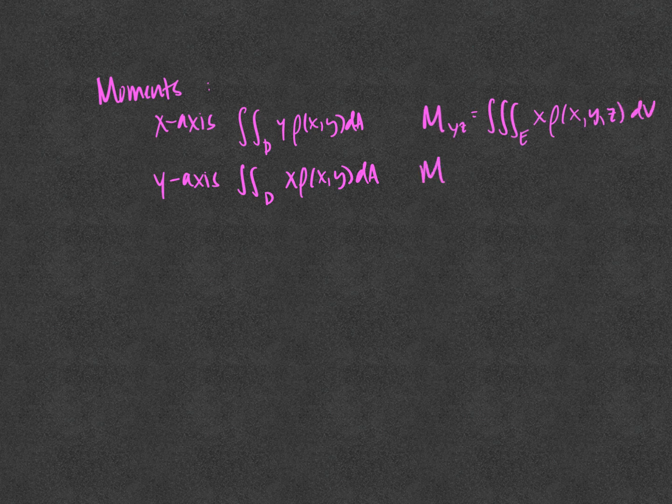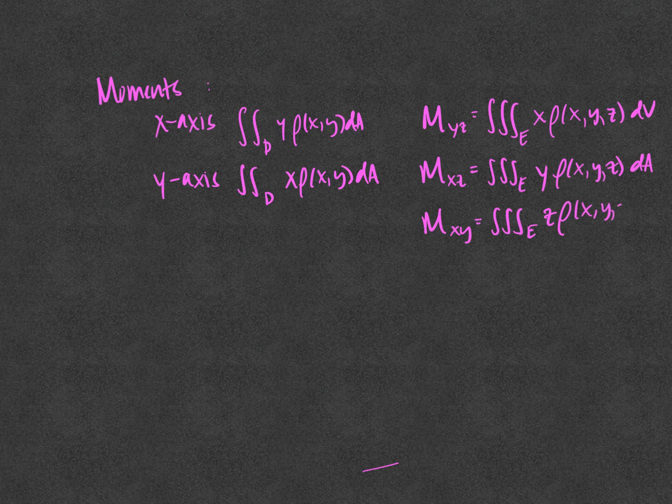And the moment about the xz plane is the triple integral over the region E of y times rho of xyz. Again, I won't make you memorize these. And the moment about the xy plane is the triple integral over E of z times rho of xyz in terms of the volume.